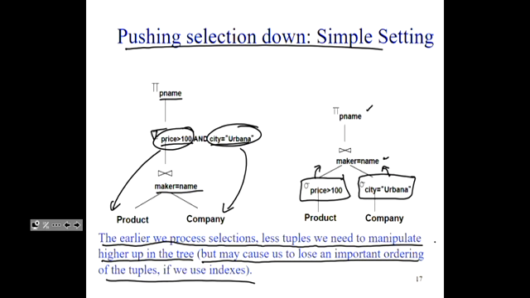So if you wanted to use an index on this relation, it may be less useful if you're going to go ahead and apply a sigma first. Okay, so if you want to relate this back to the laws that we looked at, this law is simply sigma of C applied to R join S is sigma of C applied to R joined with sigma of C applied to S. Okay.